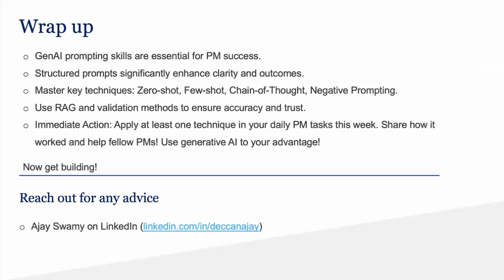So that'll actually help you clarify and better tailor from a peer review perspective the outputs that you've generated via the model. And then lastly, look, use one of these techniques in your daily PM tasks, and share how it worked and help your fellow PMs.